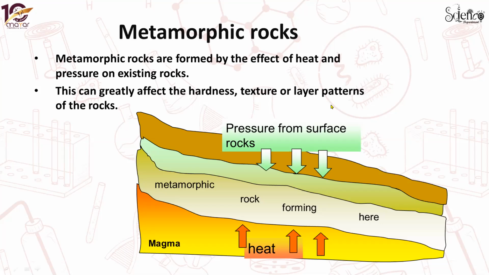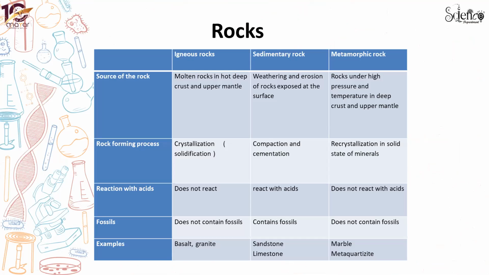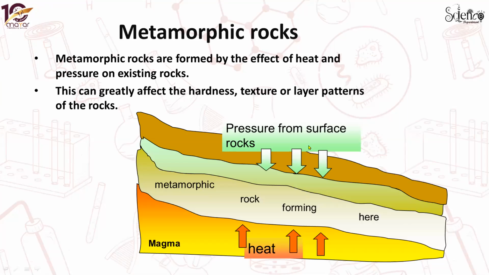Its texture, its hardness, its pattern, its colors, usually everything is going to change because of this pressure and temperature. So for metamorphic rocks, you just need to know that they are an igneous or sedimentary rock that is under high pressure and temperature and changes into a metamorphic rock.